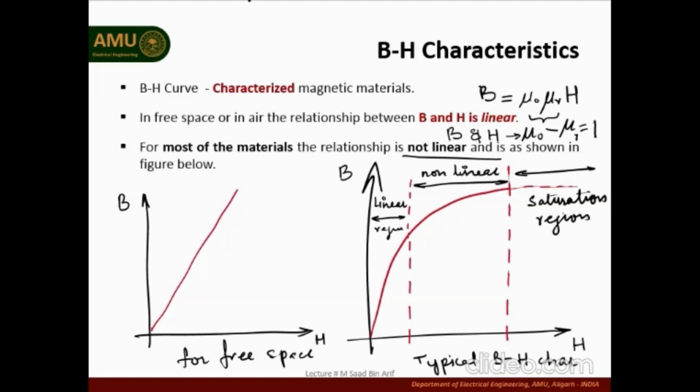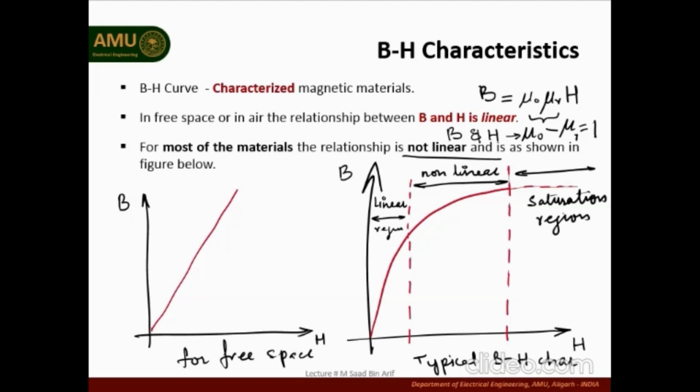How this characteristic is important, how we can obtain it, and what information we can get from the BH characteristic of different materials, we will discuss in this lecture later on. First, we will discuss how we can obtain the BH characteristic of a magnetic material.